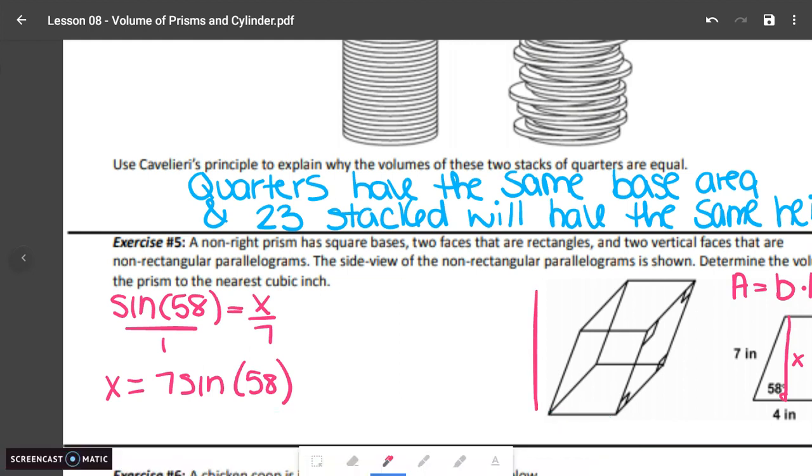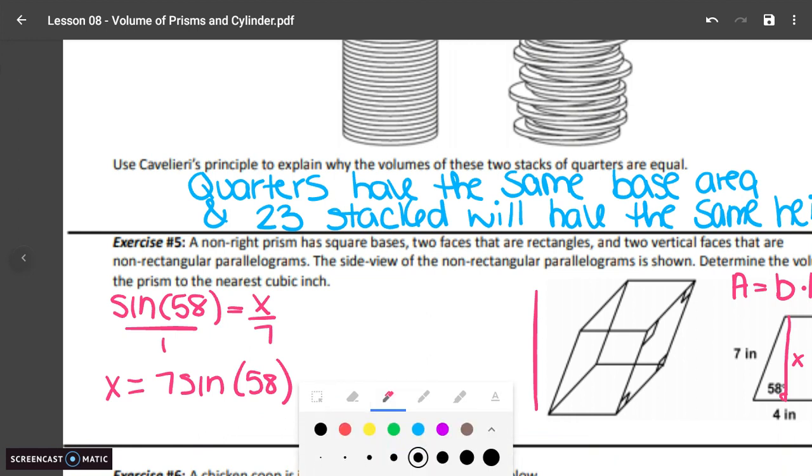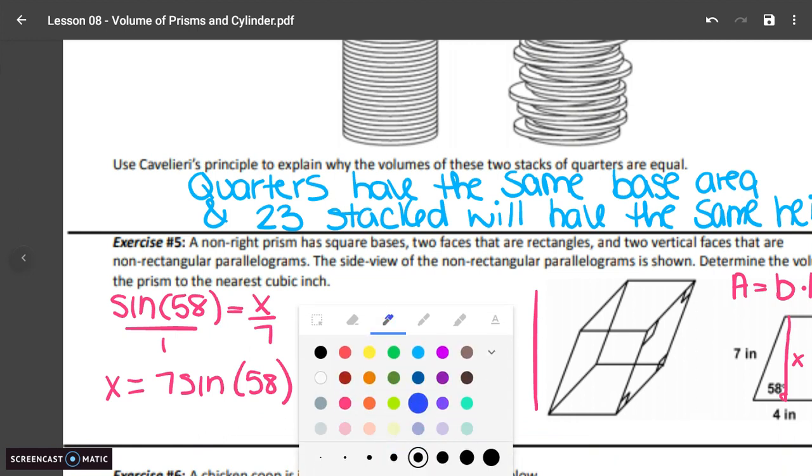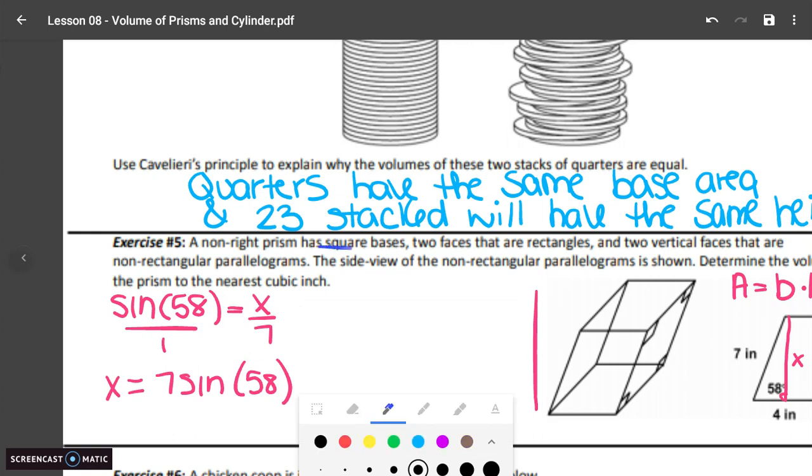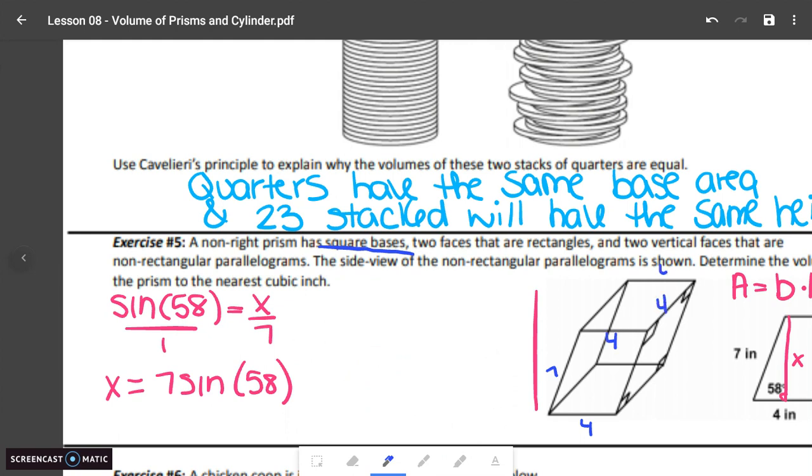That's my 7 sine 58. Remember, if I go back here, it has two faces that are rectangles. It has square bases. So if that's the side view, like this is 4 and 7, that means this is 4, 4, 4, and 4 because the bases were squares. So that area of the base actually worked out for us. That's going to be 4 times 4 is 16 inches squared.